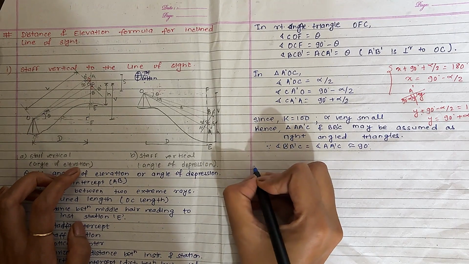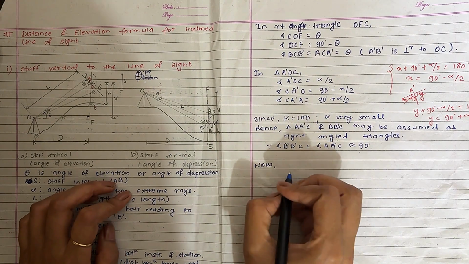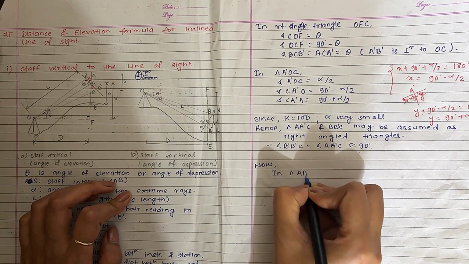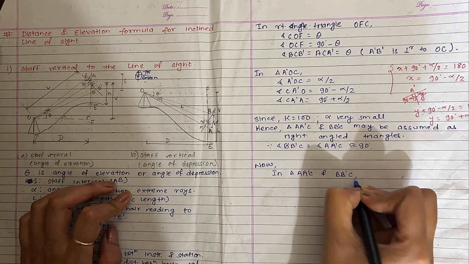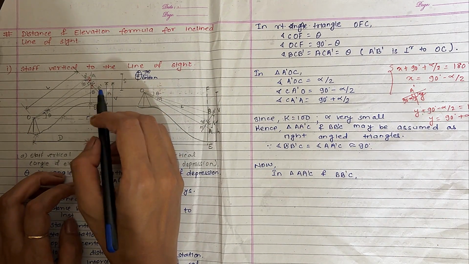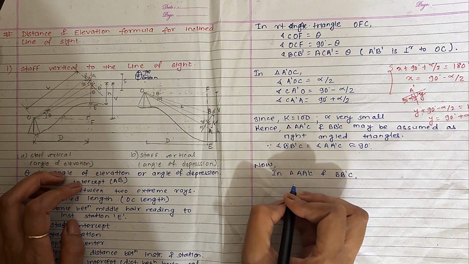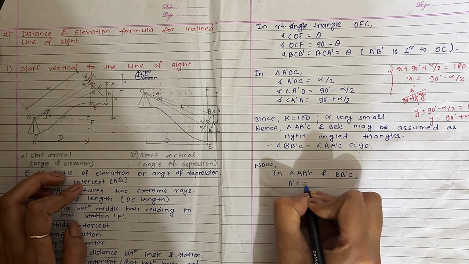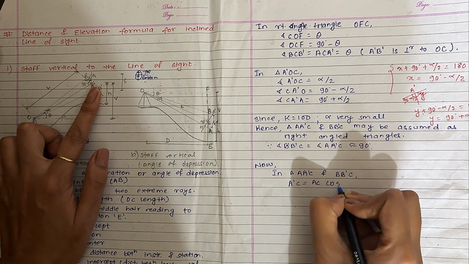Now from the right angle triangles A dash C and B dash C, we have to find out A dash C and B dash C. So A dash C will be equal to AC cos theta.